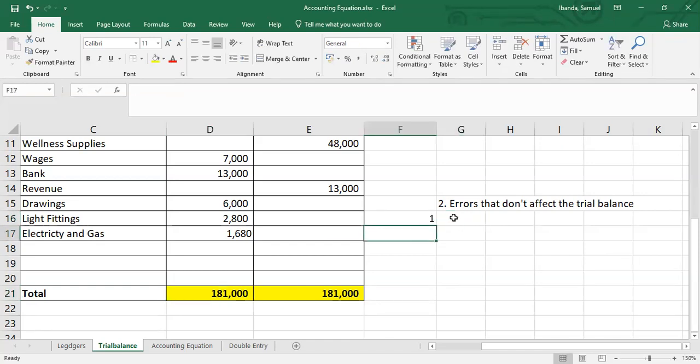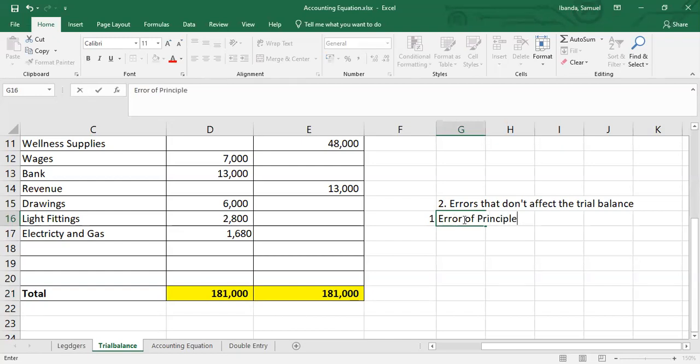One of the errors that we have here is called the error of principle. The error of principle is an error to do with an interchange between, let's say, an asset and an expense.